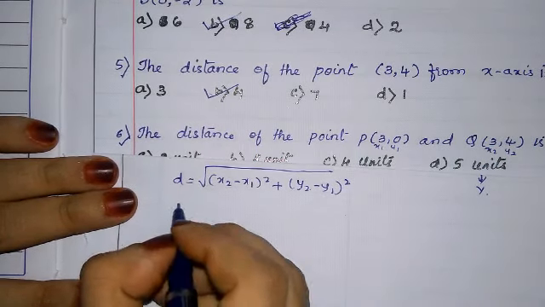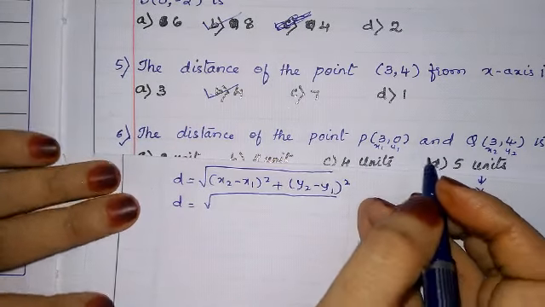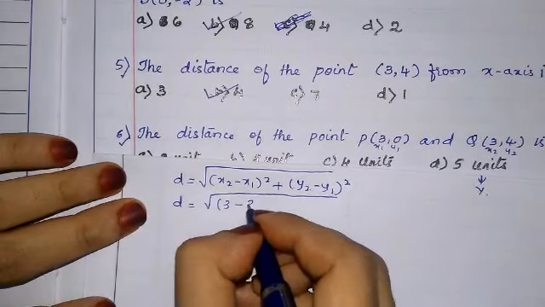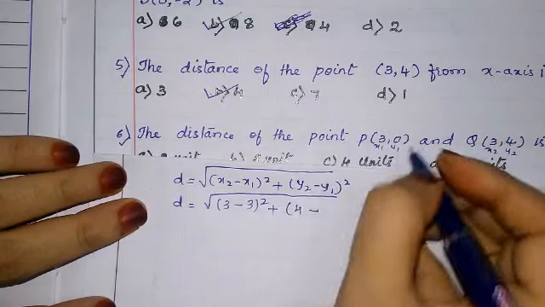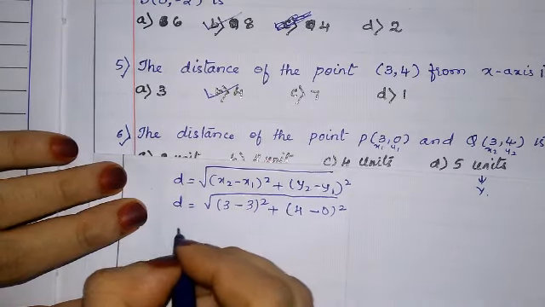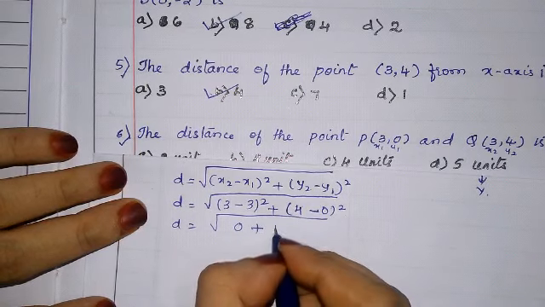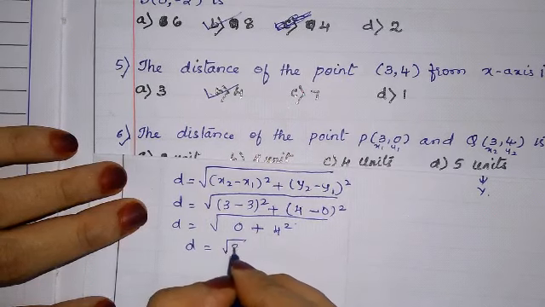Directly I will do it so that we should not waste our time in solving these problems, because we need the answer quickly. x2 is 3 minus x1 which is 3, gone, 0. y2 is 4 minus y1 which is 0. Okay, 3 minus 3 is 0, plus 4 minus 0 is 4 whole square.